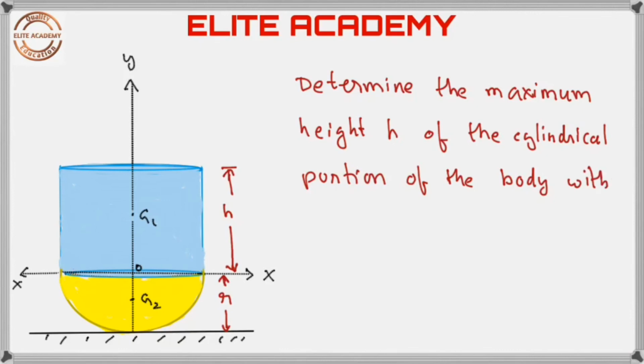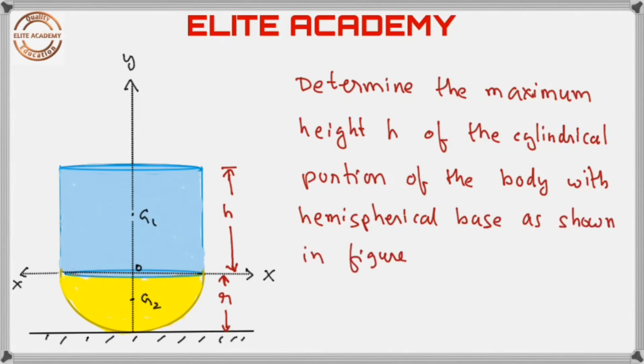So please find the solution for this and write it in the comment section. What is the maximum possible height of the cylindrical part, so that the solid remains in stable equilibrium?